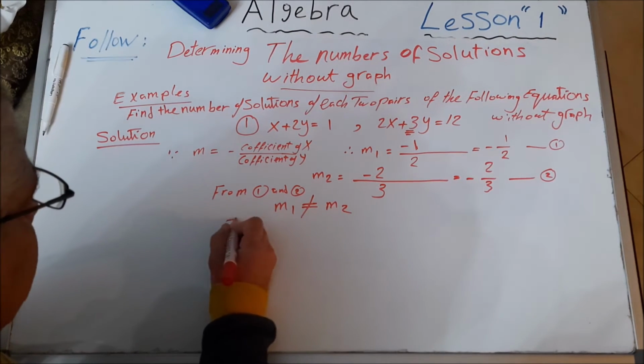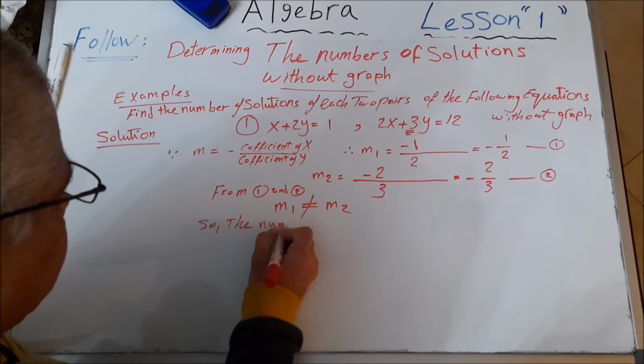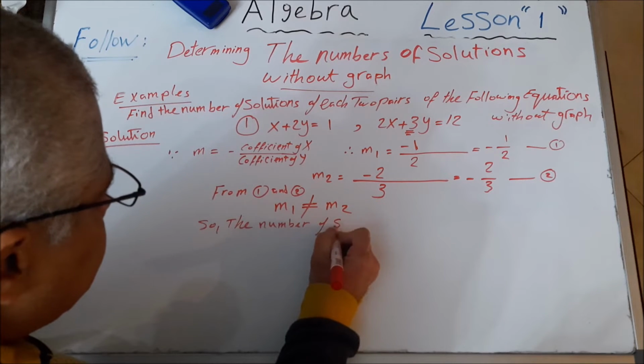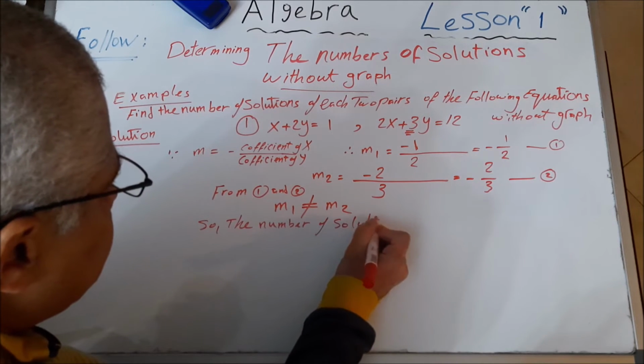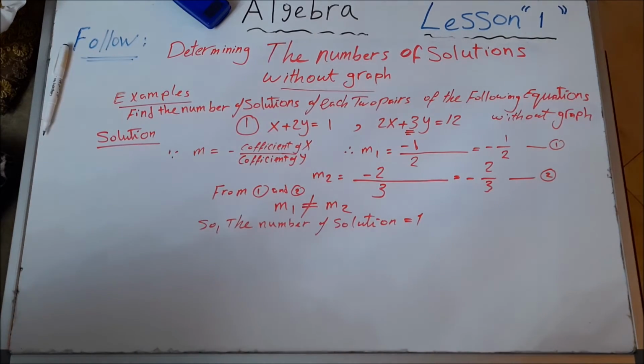So the number of solution in this case equal 1. Now, two straight lines in this case follow which cases?